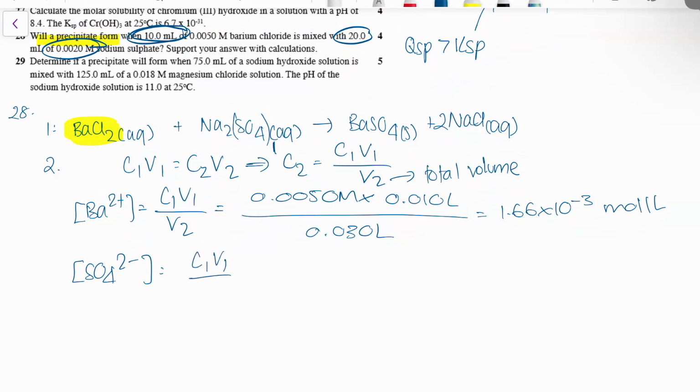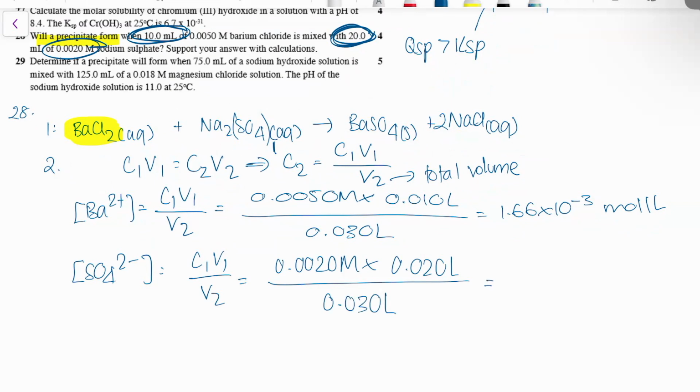So C1, V1 on V2. C1 is 0.002 molar. V1 for the sodium sulfate is the 20 mL, so 0.02 liters, over total volume, which is the same once you've mixed them together, 0.030 liters. So what's my concentration of sulfate? 1.33 times 10 to the minus 3 moles per liter.